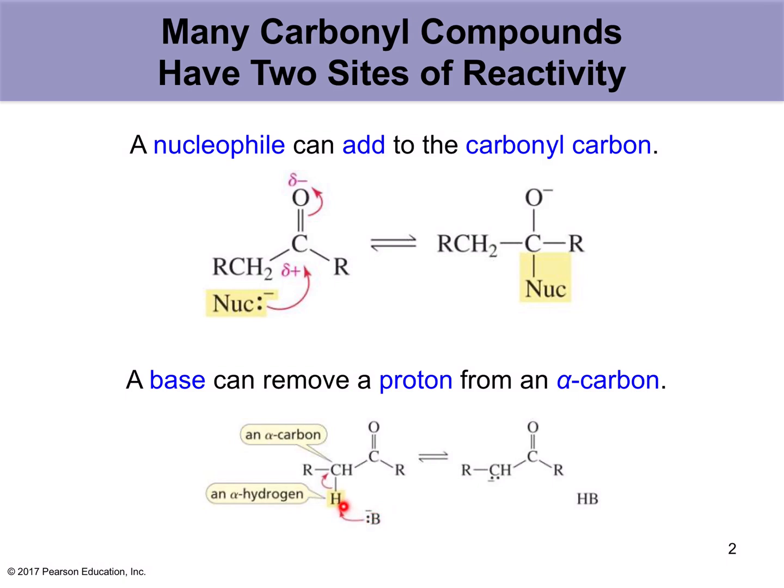The base takes the hydrogen, so it will become the conjugate acid of the base. So the two sites in a carbonyl compound that can react are, one, addition to the carbonyl carbon, and the other is a base reacting with the alpha hydrogen of a carbonyl compound. Okay.